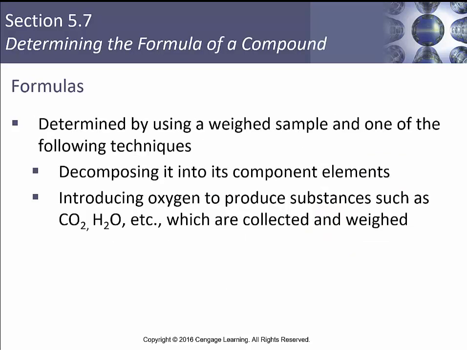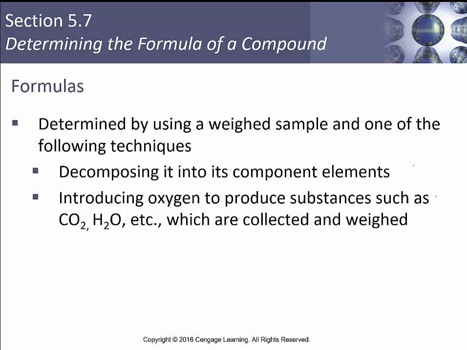So our formulas are determined by using a weighted sample and one of the following techniques, either decomposing it into its composite elements, or by introducing oxygen to produce substances such as carbon dioxide and water, which are collected and weighed. So what we're going to do in what we call combustion analysis is run stuff through an analyzer that is going to burn things up.